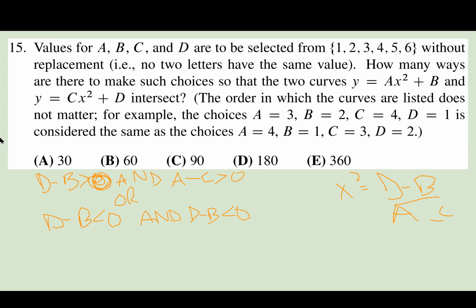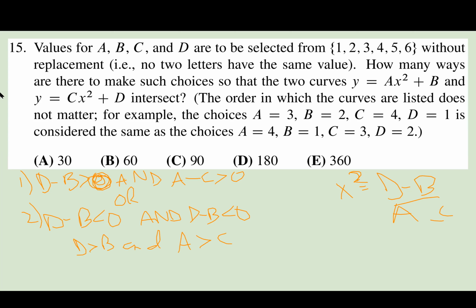Okay, so the only way that happens is if numerator and denominator are either both positive or both negative, right? And in the first case, case 1, that just means d is bigger than b and a is bigger than c, right? Okay, does that make sense?